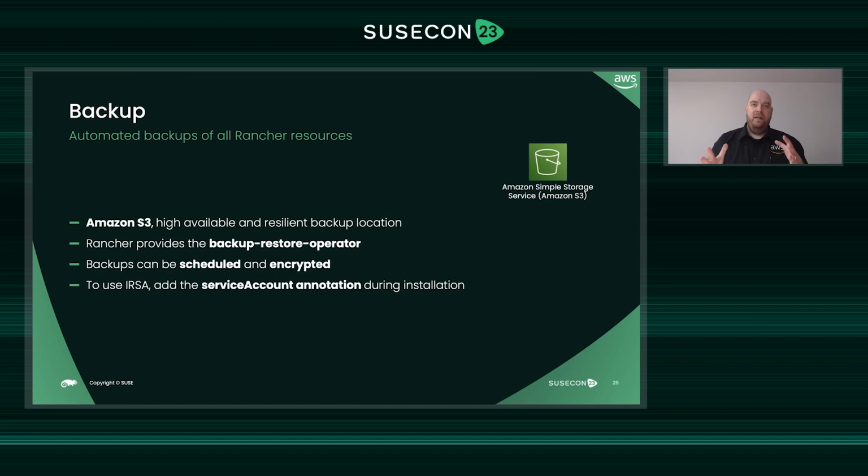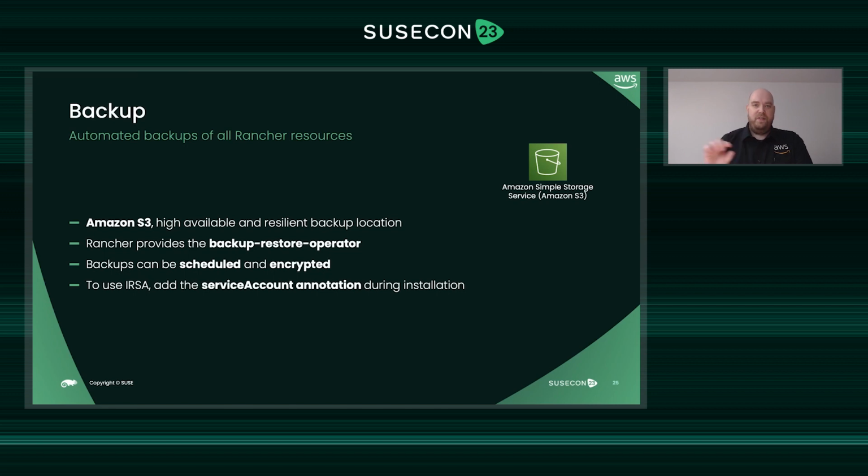So now that we learned how IRSA works and what the benefits are, let's see how it links to Rancher and the Rancher integration with AWS services. We start with backup and restore, and we use Amazon S3 as target for our backups as highly available storage. Rancher provides an operator to perform scheduled and encrypted backups.